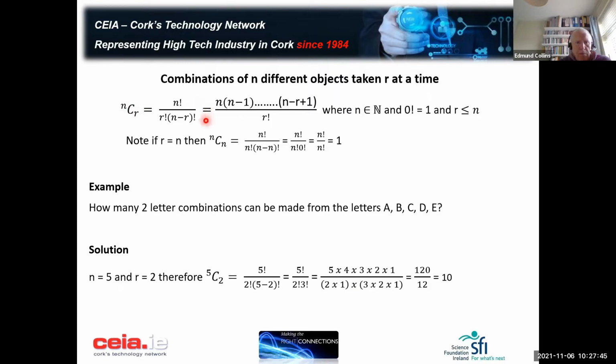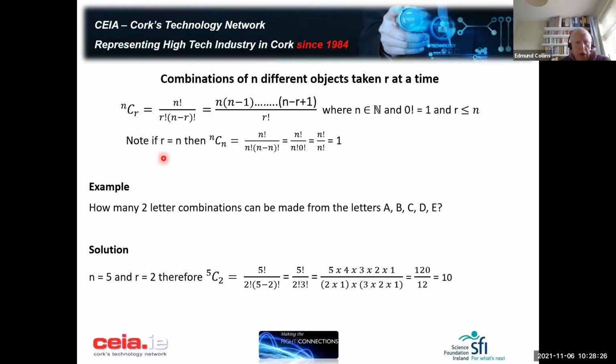So the formula for nCr is factorial n divided by factorial r multiplied by factorial (n minus r), and that equates to this here. Again, n is to be a natural number. Our friend here, factorial 0 equals 1, and r is less than or equal to n. So again, very important, r cannot be greater than n, but it can be equal to it.